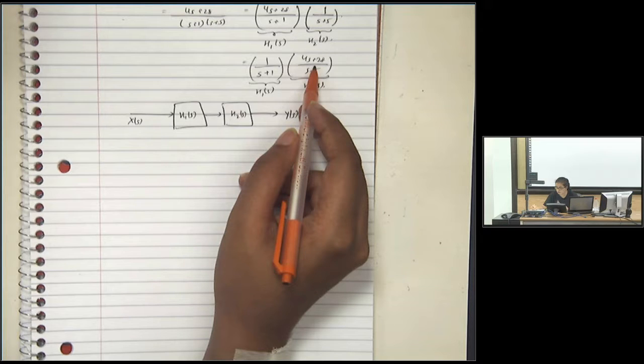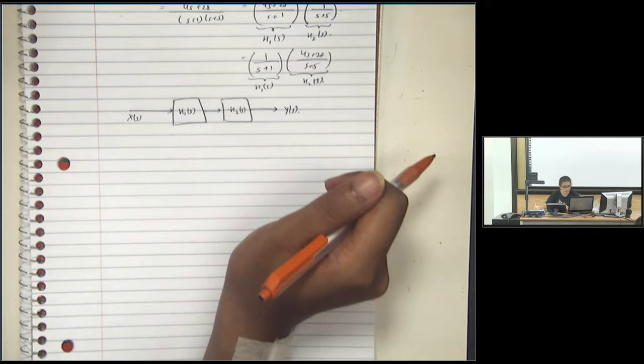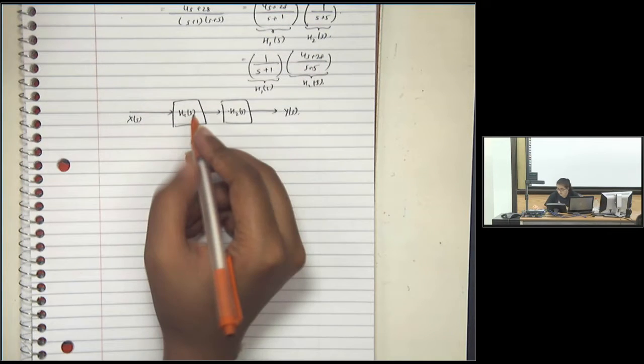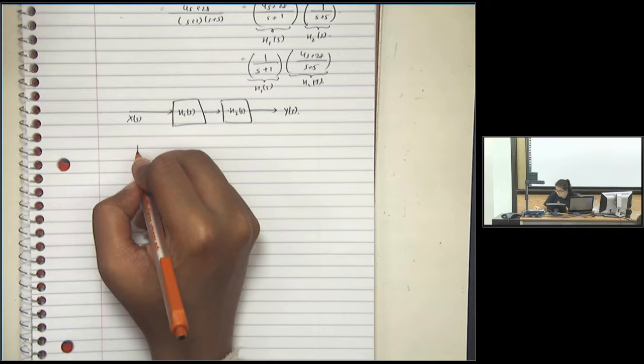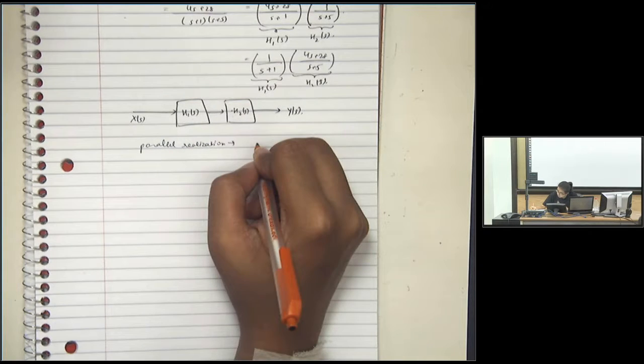So a cascade is represented by multiplication of two systems in s domain. All right? We can do a parallel realization of the same thing. For parallel realization, we will go on with partial fraction expansion.